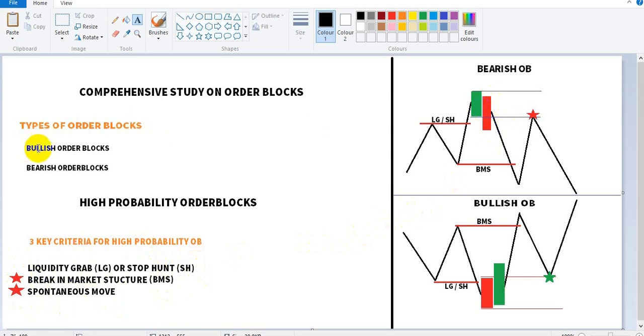First, we're going to be talking about bullish order blocks. Like I said in the previous video, bullish order blocks are actually bearish candlesticks before an upward move in price that price later comes to test in the future, then rejects from that zone.